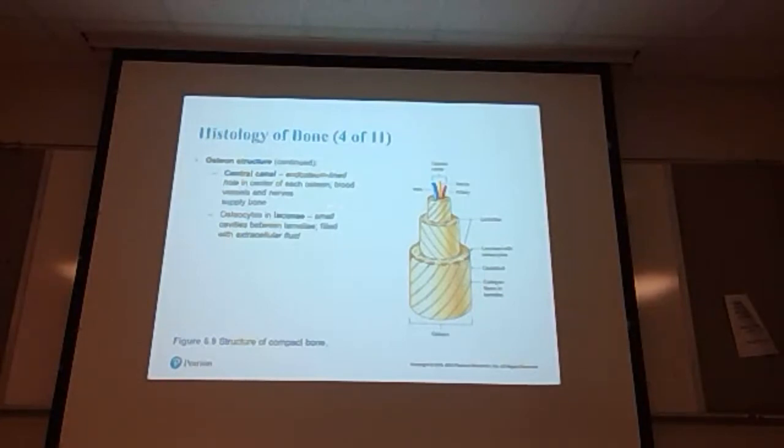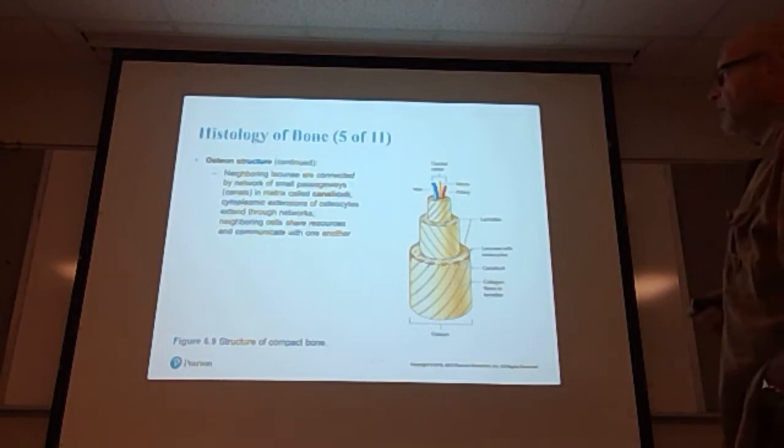The osteocyte is found in, again, that small chamber called the lacunae. These are small cavities between the lamellae filled with extracellular fluid. So if you look, here's an osteocyte, here's a lacunae, there's one there, there's one there. And in each one of those lacunae, there is an osteocyte.